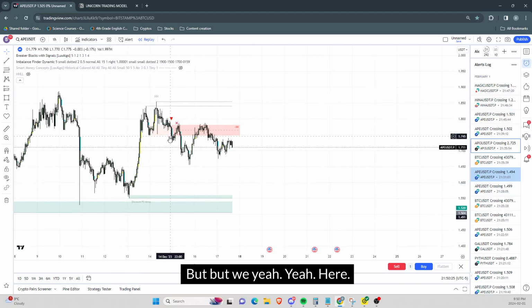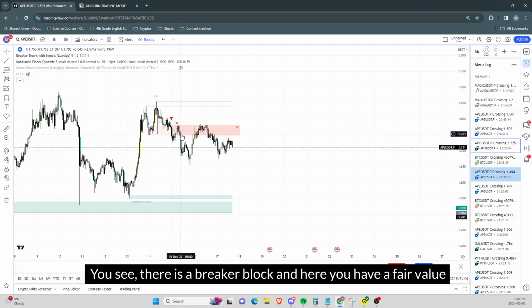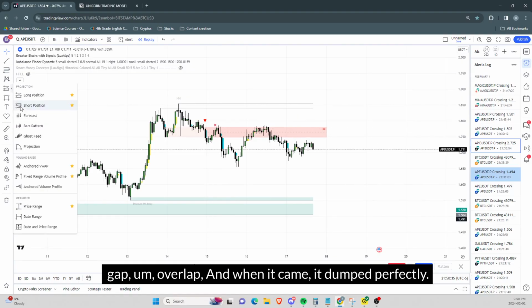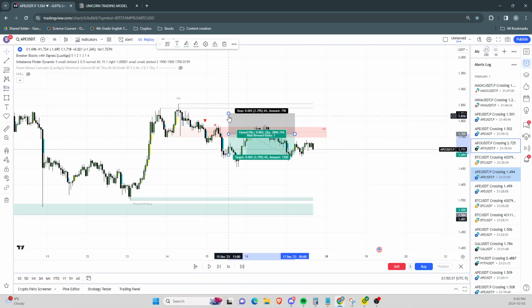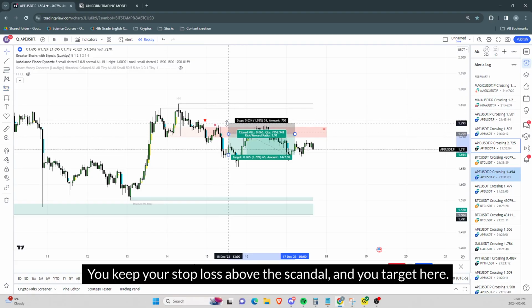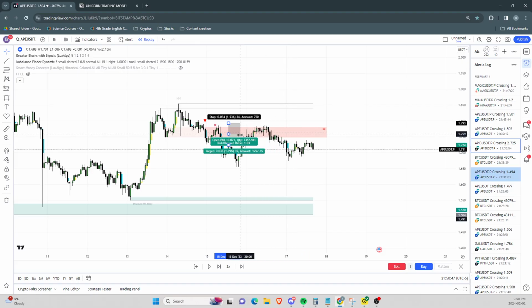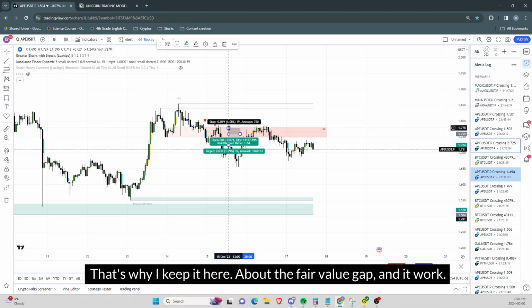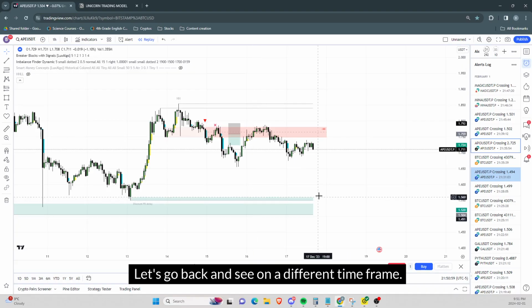But here you see there is a breaker block, and here you have a fair value gap overlap, and when it came, it dumped perfectly, right? You keep your stop loss above this candle and you target here, and it worked, right? So if you keep the stop loss above this, it wouldn't work. You'll get stopped out. That's why I keep it here above the fair value gap, and it worked.